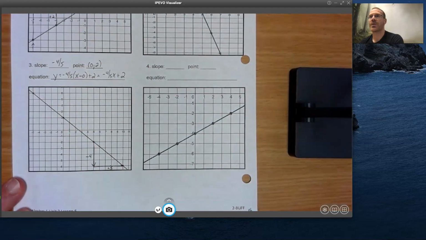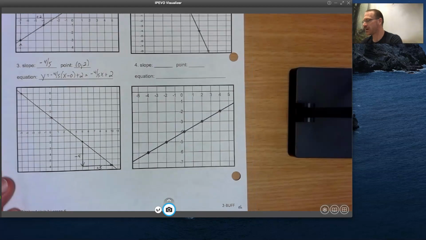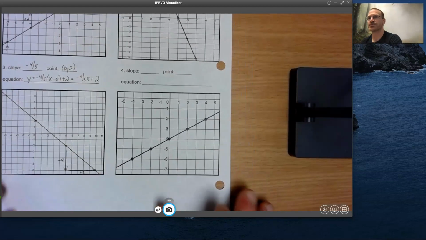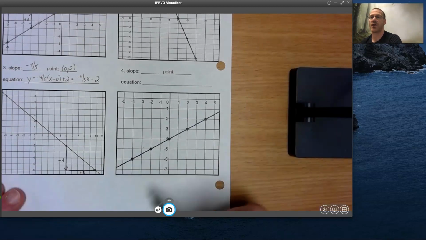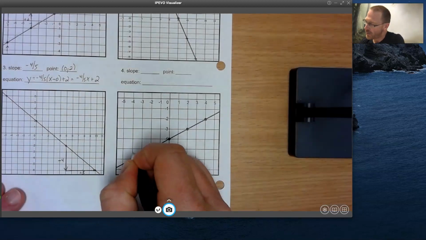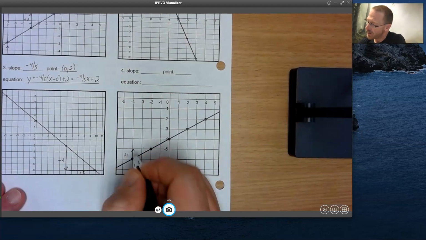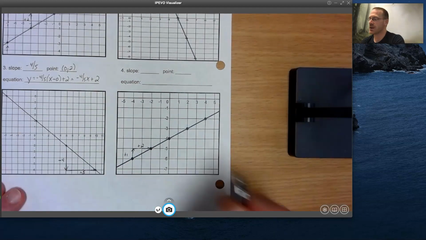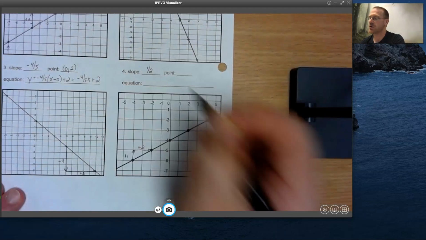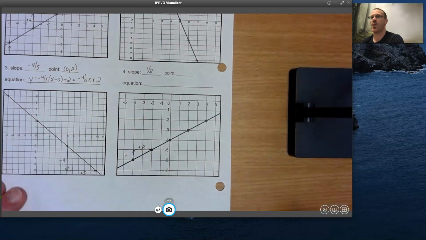All right, so let's take a look at number 4 here. Once again, I see my line is going uphill, so I know it's a positive slope. I'm going to go up 1 and over 2, so I can see my slope is 1 over 2. Once again, pick any point you want.